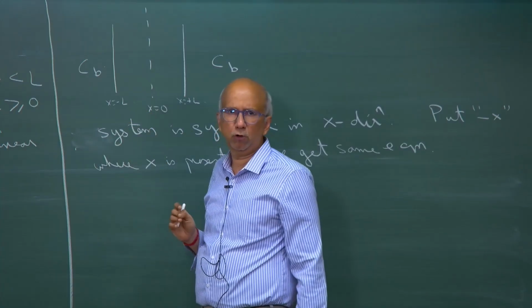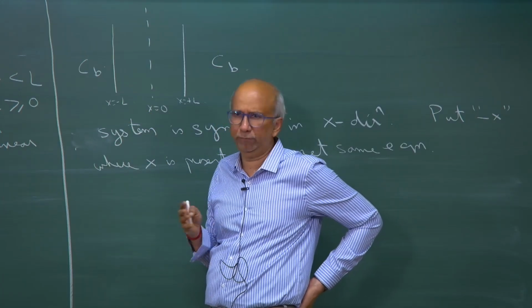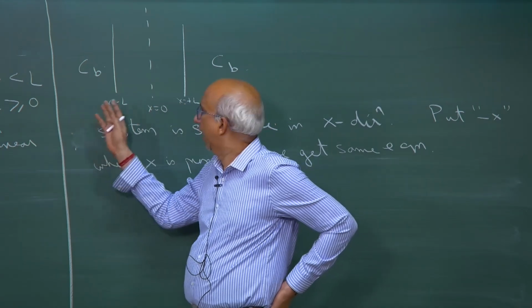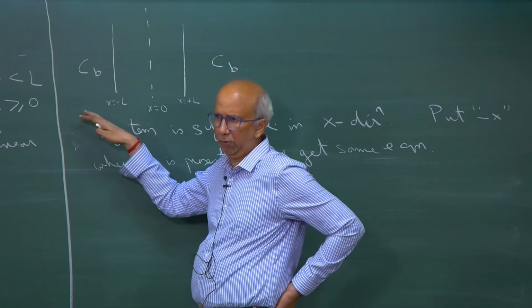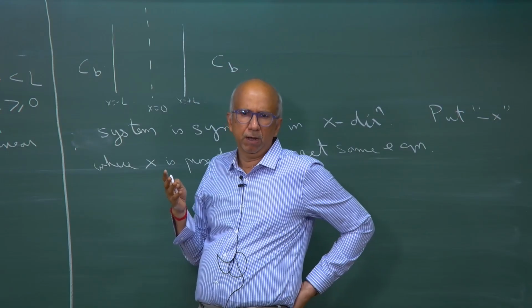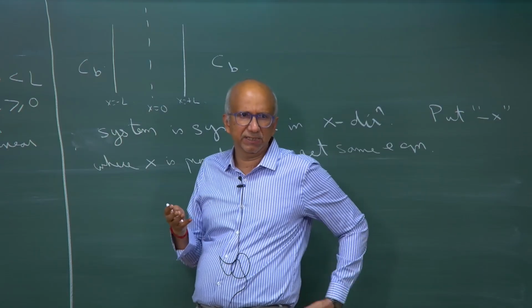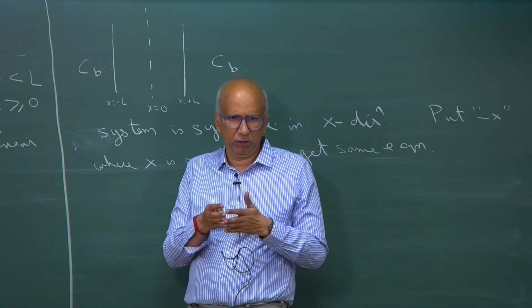So when you have a symmetric problem, you do not have to solve for the full domain, you can just solve for the half domain and then find what is happening in the other domain by symmetry. For more numerically complicated problems, it is much easier to solve for half domain because it is computationally more efficient. You do not have to solve for the full domain.